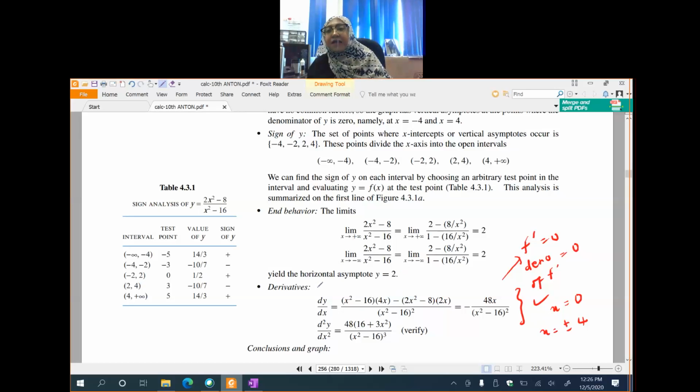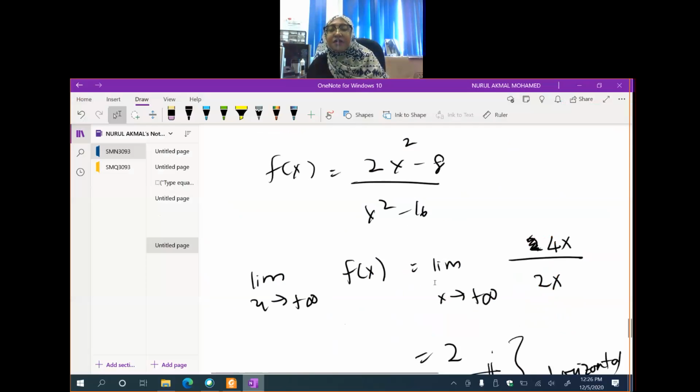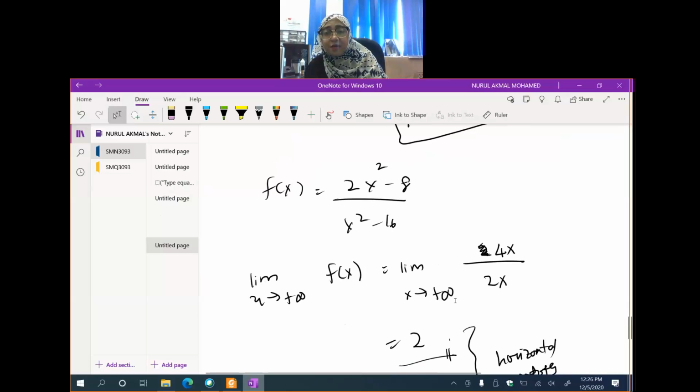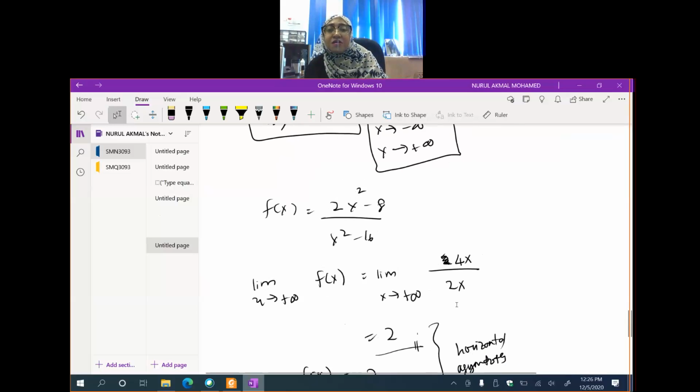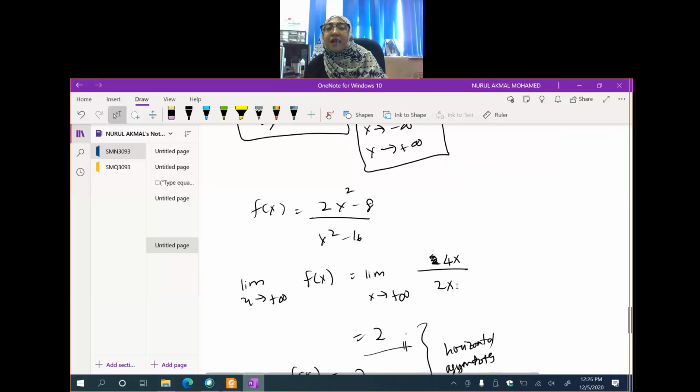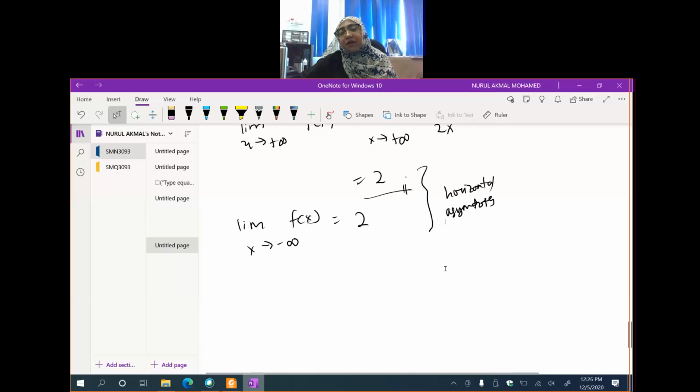We still have to consider the horizontal asymptote as well. In getting the intervals, for complicated functions, not simple polynomial functions, we have to consider not only the critical points, but also the horizontal asymptotes.